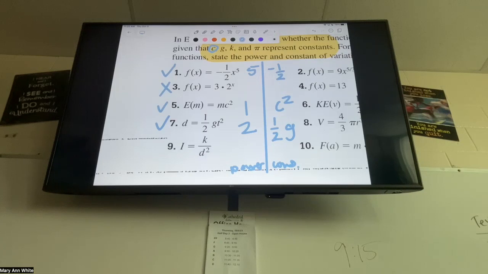All right, what about 9? It is inverse, but I would still argue that it is a power function. What's the constant here? The power is going to be that 2, the constant's just K. My power is not just 2 though. Remember when it's on the denominator, it becomes a negative to bring it up. So my power here is -2.